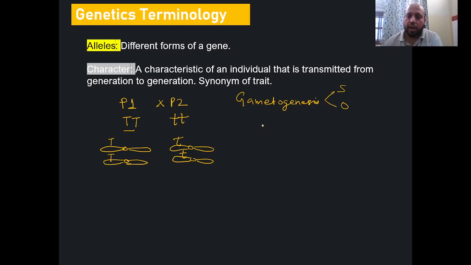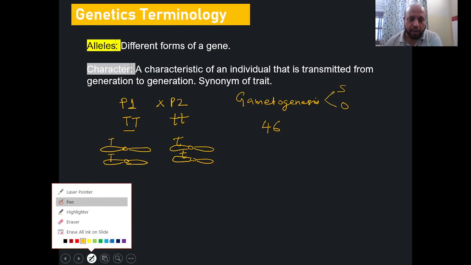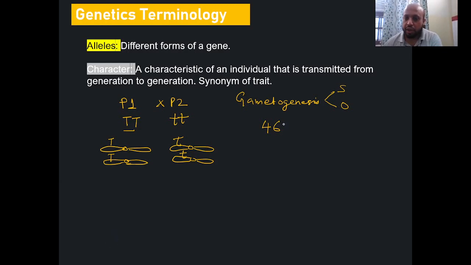Let's say as a human being, if we take an example, they have 46 chromosomes, and let's say this is a female, and there is another individual which is a male. Now she will be producing the egg cells, and whatever number of egg cells she bears, the chromosome number will be reduced to half.